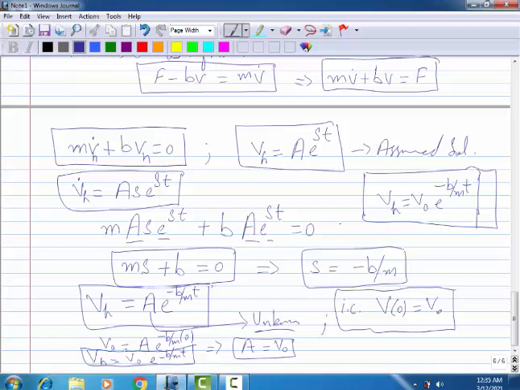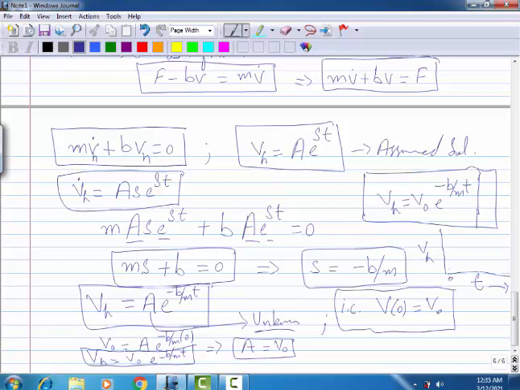Before looking at the second part, if I told you to plot the graph of v of h, how would the plot look? Assume this is time t, starting from 0 to infinity, and on the vertical axis we have v h.